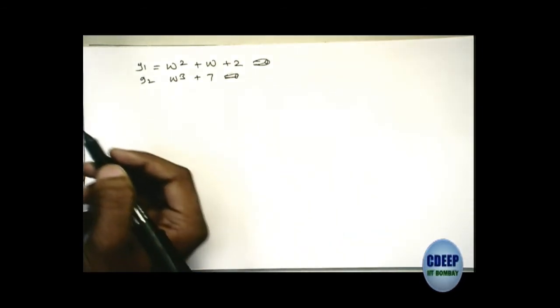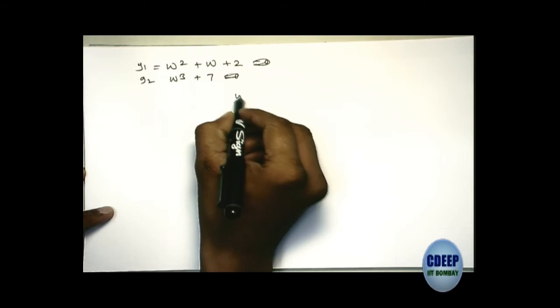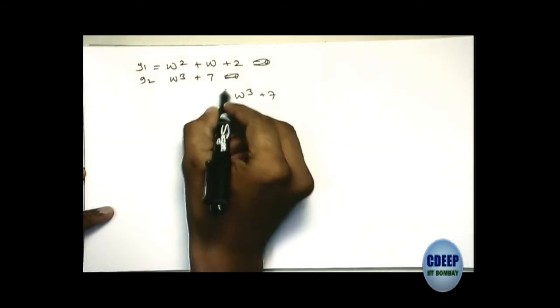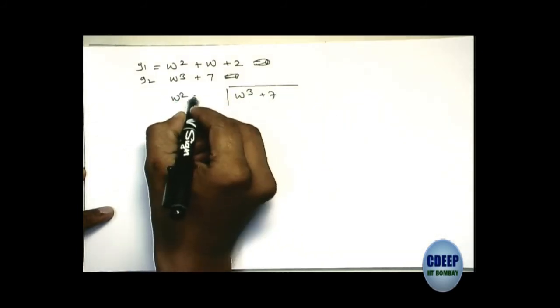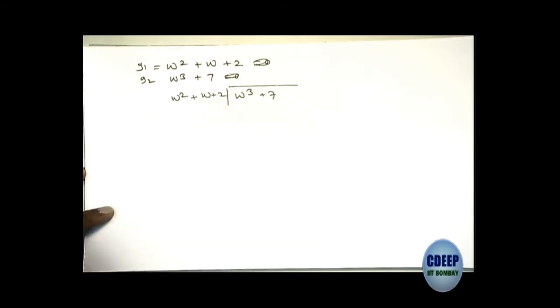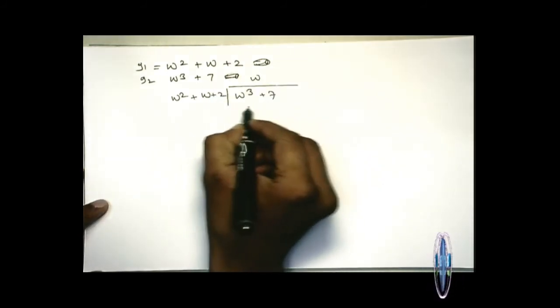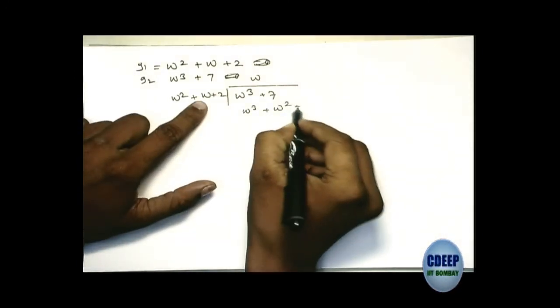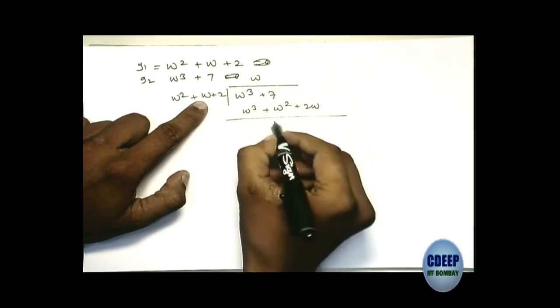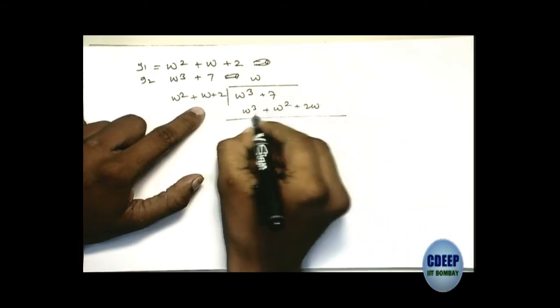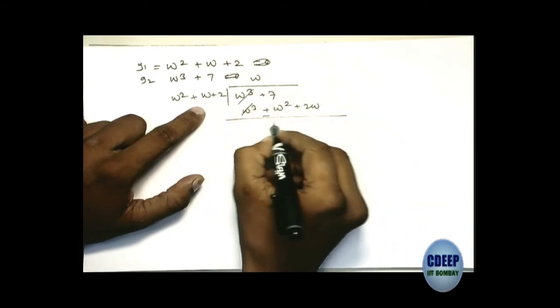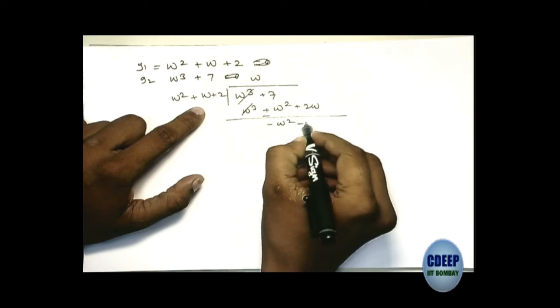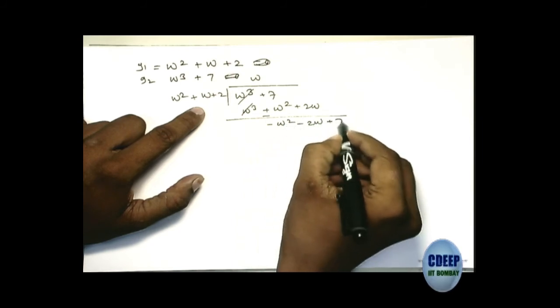We'll do the division of this, so it is like this. Initially we get omega, and here it is omega cube plus omega square plus 2 omega. Minus omega square minus 2 omega plus 7. Perfect.